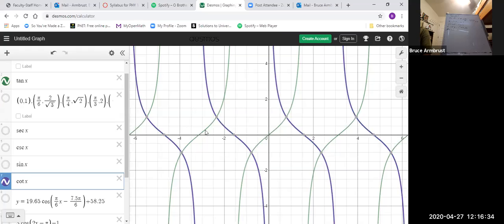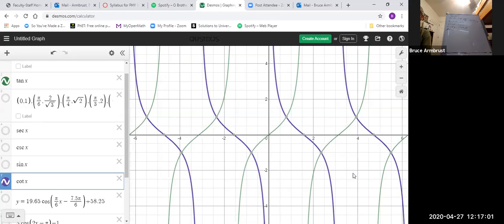All right, so the greenish one was tangent, and now this purplish one is cotangent. So what did you see here other than just a phase shift? What else happened? Can you describe it?